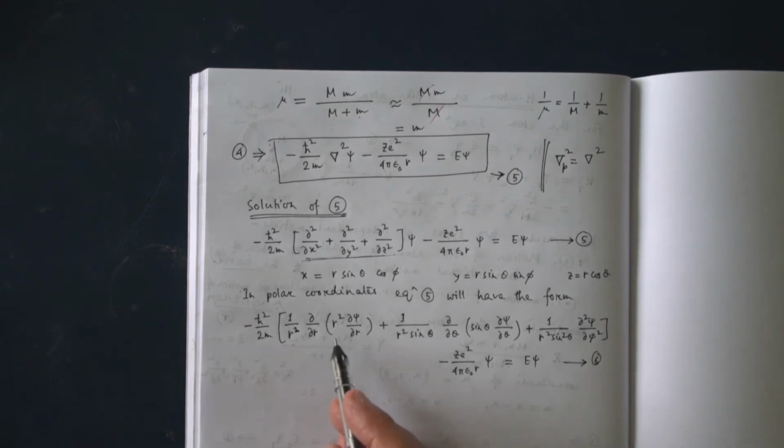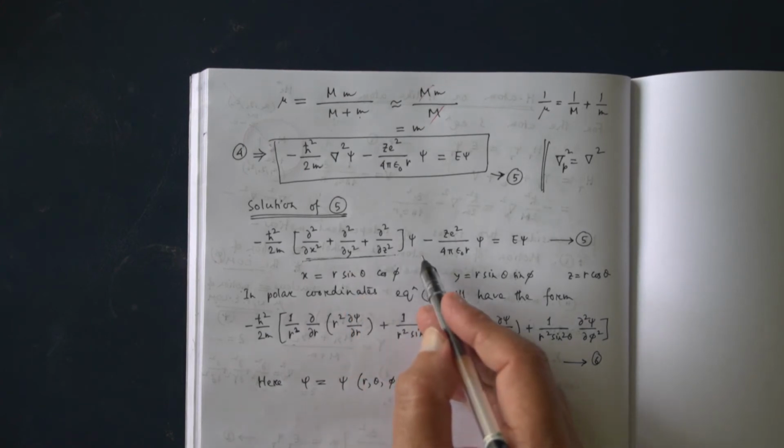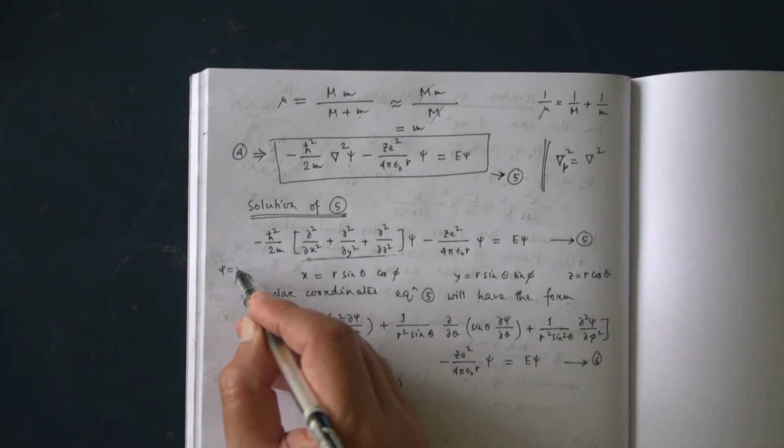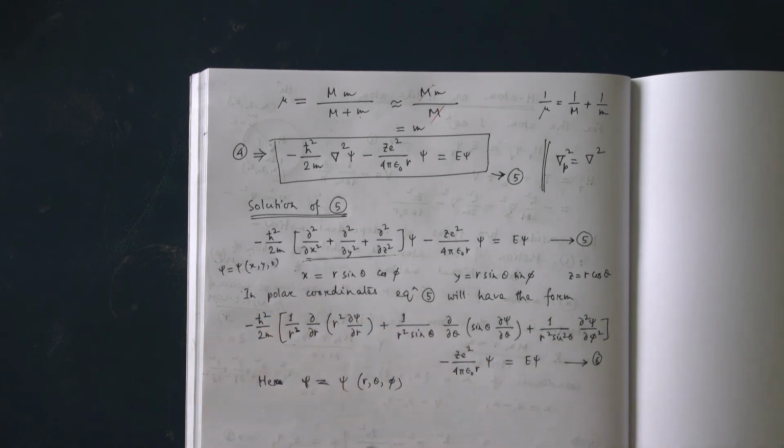Now you know there are three variables. Here psi is a function of x, y, z, so once we transform into polar coordinates, psi becomes a function of r, theta and phi.